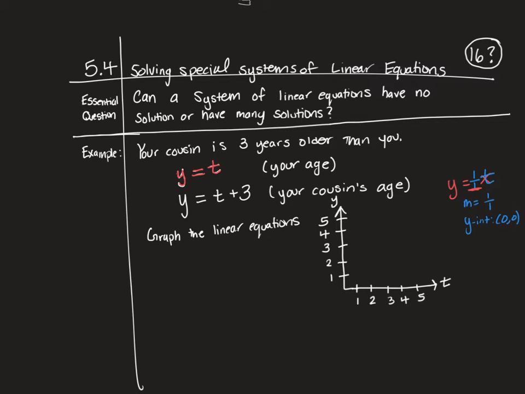So my y-intercept is 0, 0. I'm trying to graph y equals t. You can graph y equals t when you have a y-axis and a t-axis. So 0, 0 is right here. That's my y-intercept. I'm going to plot it in green.